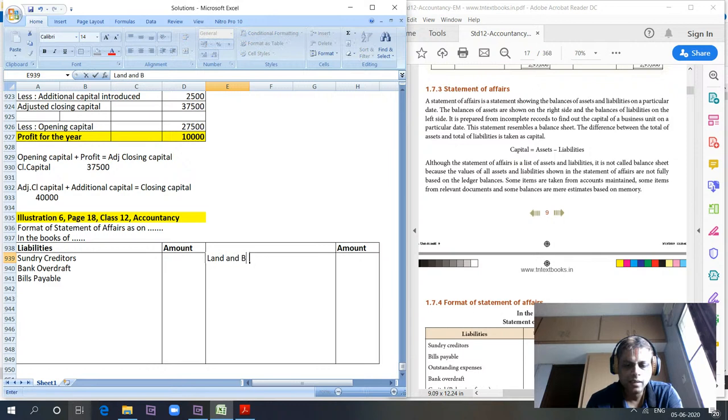Land and buildings, plant, machinery, furniture, and other assets. Bank balance, cash in hand, sundry debtors, bills receivable, etc., and closing stock.